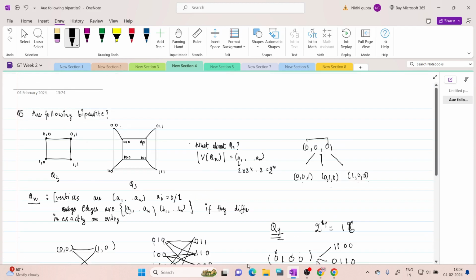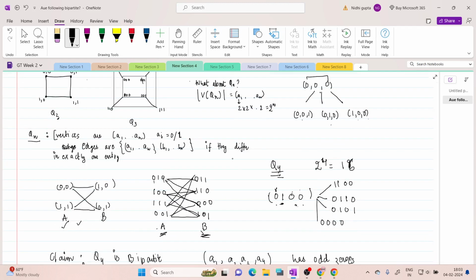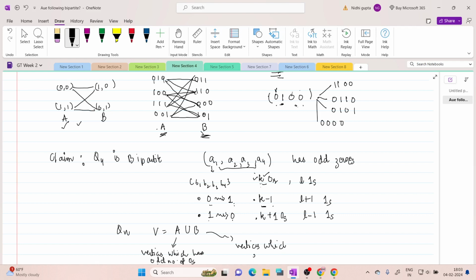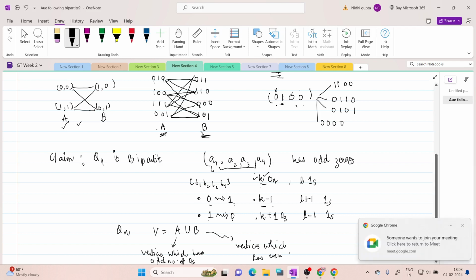Therefore, hence in Q2, Q4, in Qn, the vertices will be A union B. A will have vertices which have an odd number of zeros, and B will have vertices which have an even number of zeros.